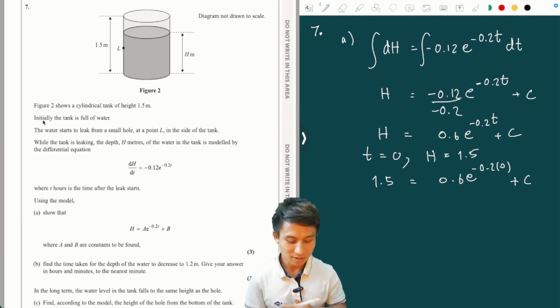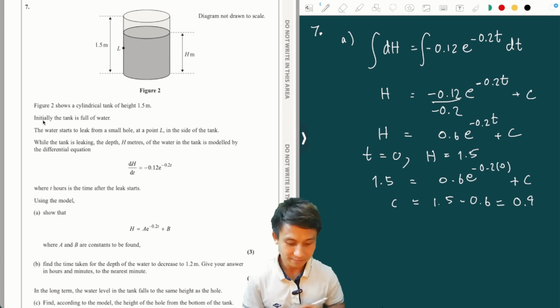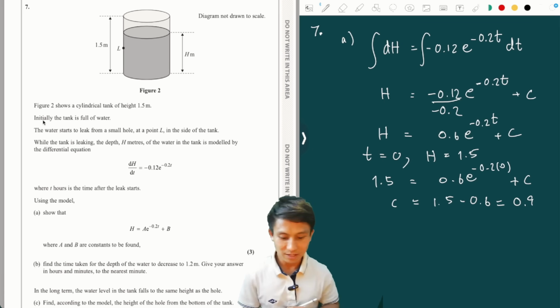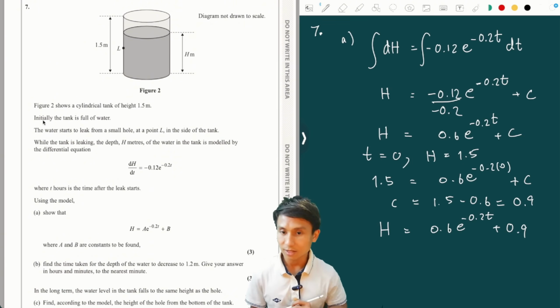So we have 0.6, so c equals 1.5 minus 0.6 equals 0.9. That would be the c value, right? So we just, again, sub in everything. So that's the answer there. See if we get the right form, minus 0.2t, a and b. So I'm fine with that.